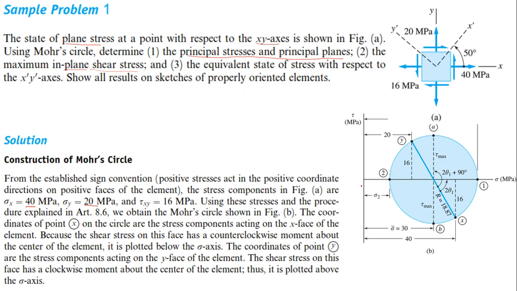So, as you have seen, kung diri ang atong 0, ni ang atong tau and sigma nga axis. So, ang atong sigma y, 20. So, naa diri ang atong 20. Then, ang shear stress is 16.